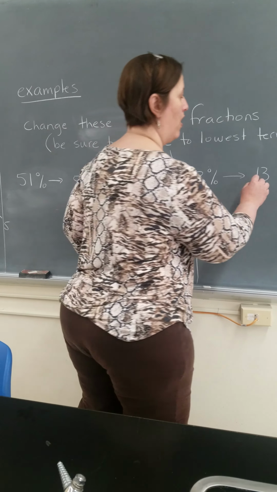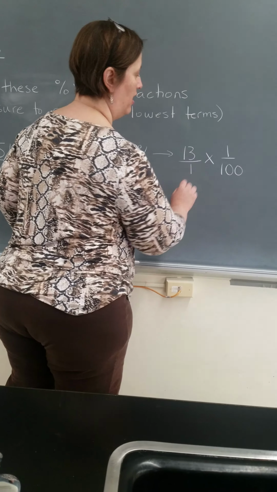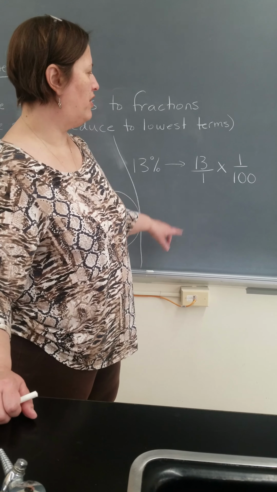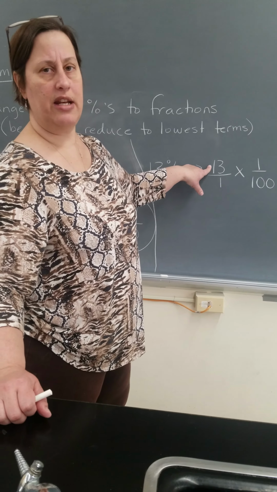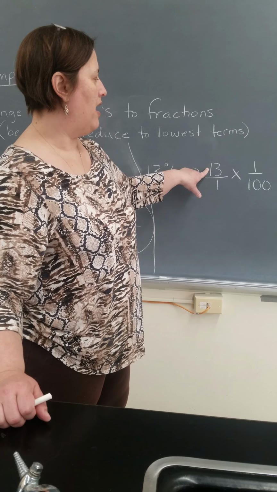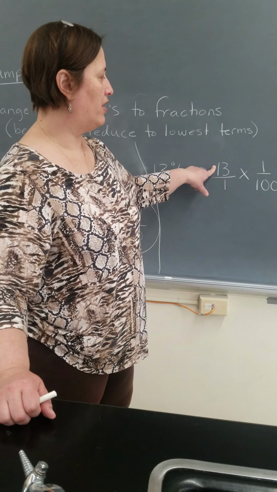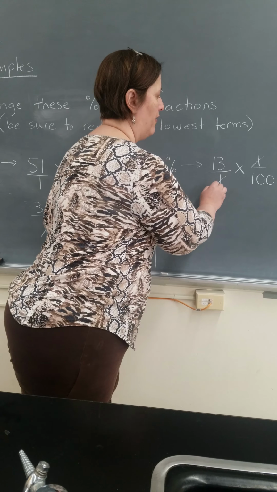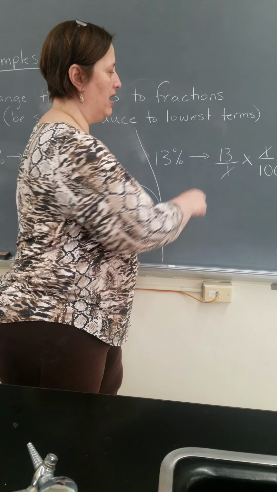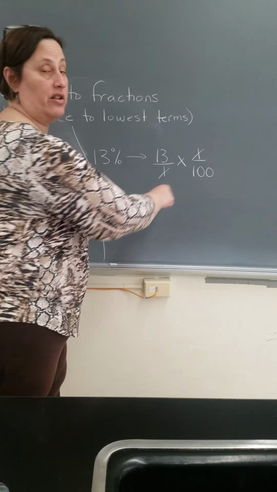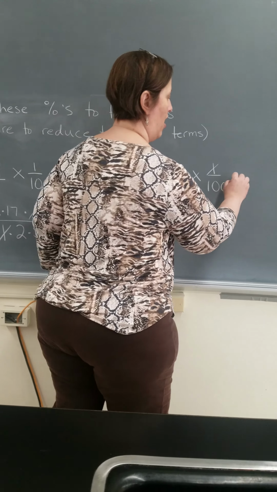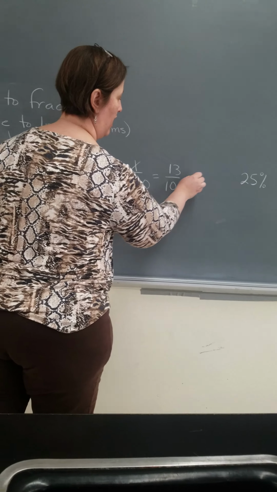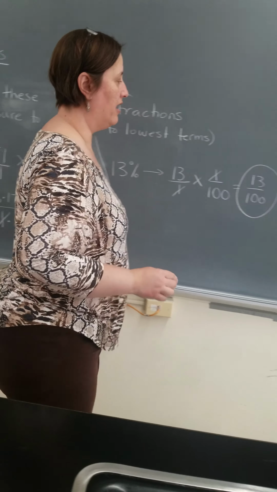We would put a 1 underneath the whole number. We're going to check to see if things can be reduced. But if you recall, 13 is a prime number. So I don't think we're going to be able to reduce 13 unless it goes evenly into 100. And we can certainly cross off the ones, that's fine. But since 13 is prime and it doesn't divide into 100, our answer is going to be 13 over 100. And that is fully reduced. That is our answer.